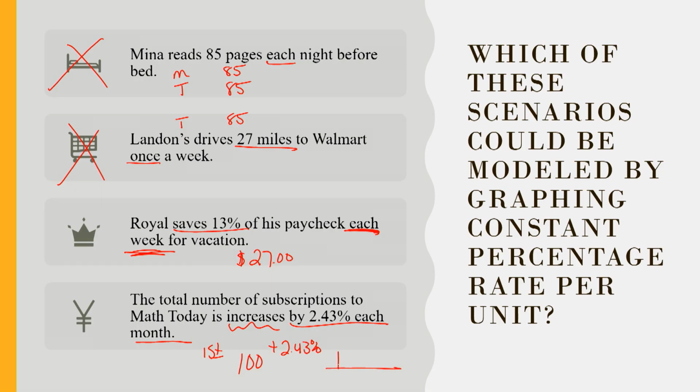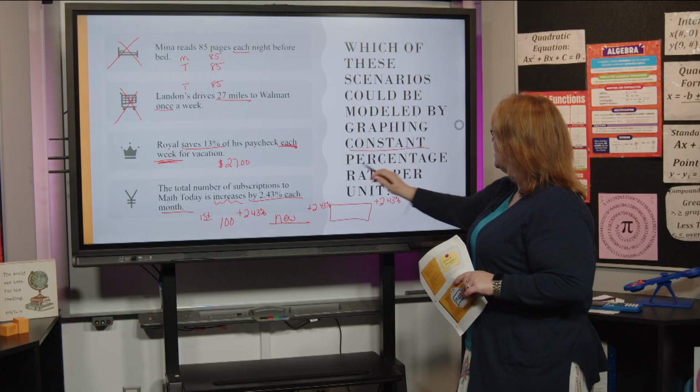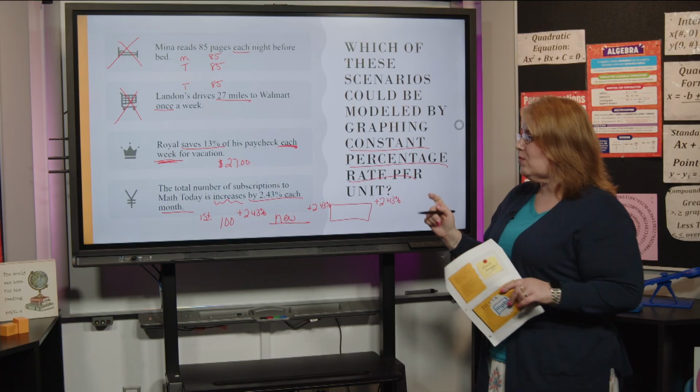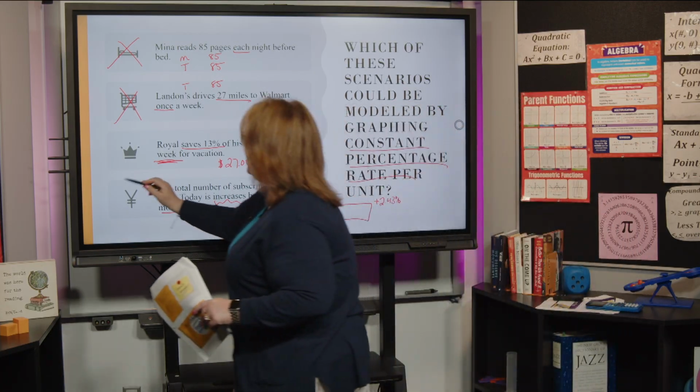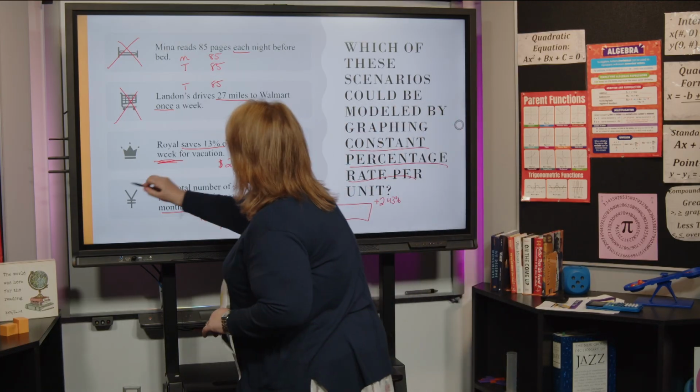Then of this new amount, I am adding 2.43%, and I get a brand newer amount. And then for that brand newer amount, I'm adding 2.43% of that. So if I wanted to know which one has the constant percentage rate per unit, I'm going to say it is Math Today. So if you got Math Today, good job, guys.